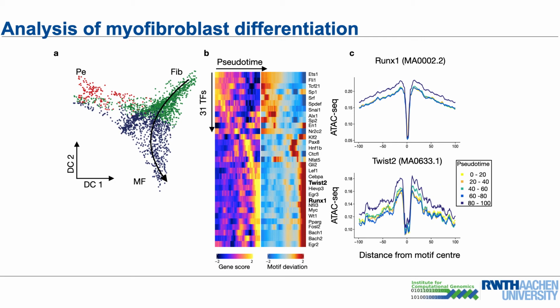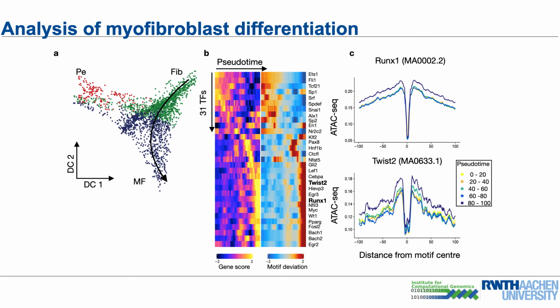So here, to dissect the potential differentiation trajectories, we performed a diffusion map embedding of the fibroblasts. And this analysis identified three major branches formed by fibroblasts, pericytes, and myofibroblasts.